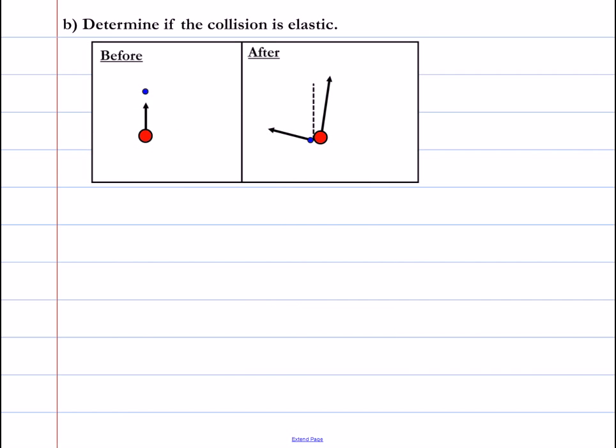Okay, next thing we need to do is to determine if the collision is elastic or not. Wrong kind of elastic. We just need to compare the kinetic energy before to the kinetic energy after the collision. I'm using the prime notation to indicate after, the same notation we used in part A. The kinetic energy formula from the formula sheet is that.